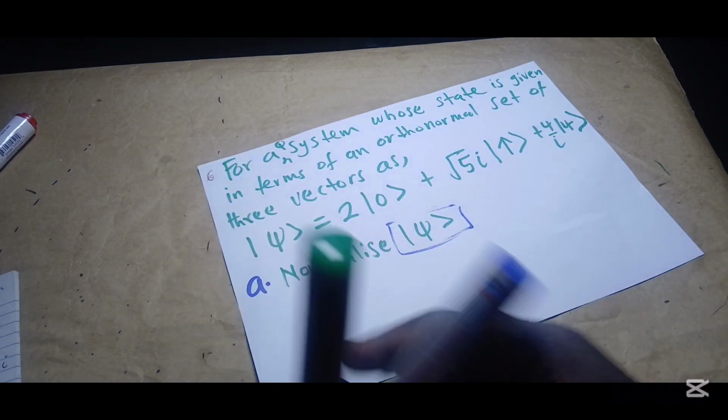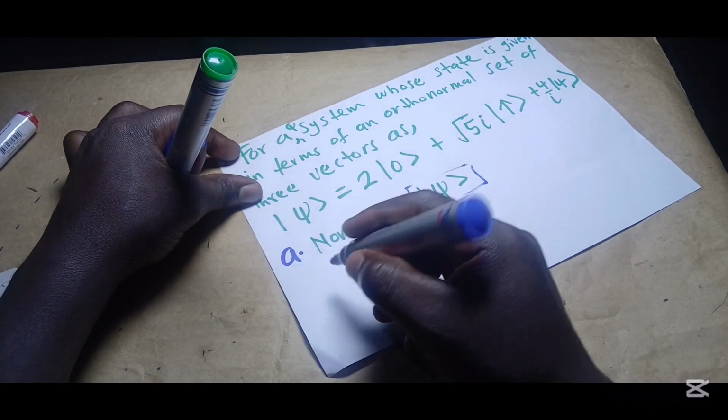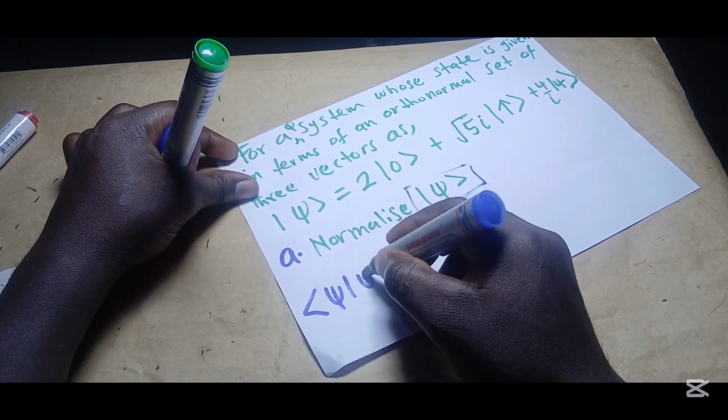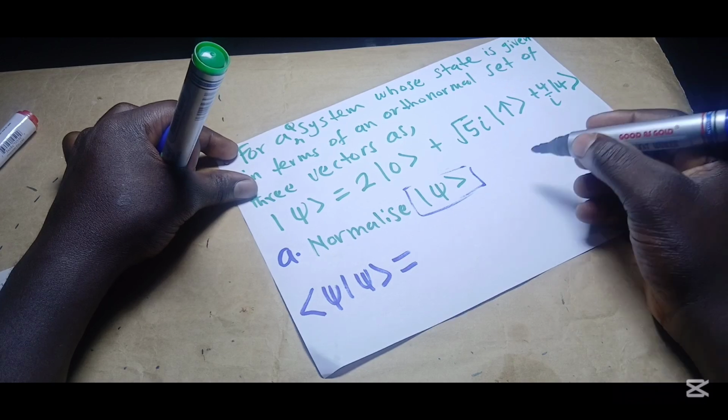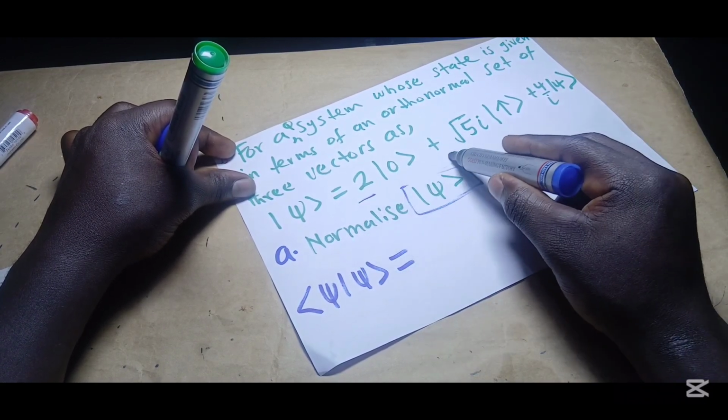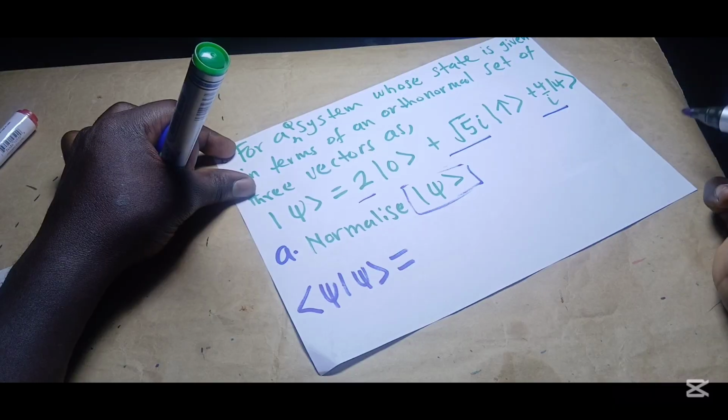So the first thing we want to do is to calculate the norm, which is equal to the sum of the absolute square of each coefficient here.